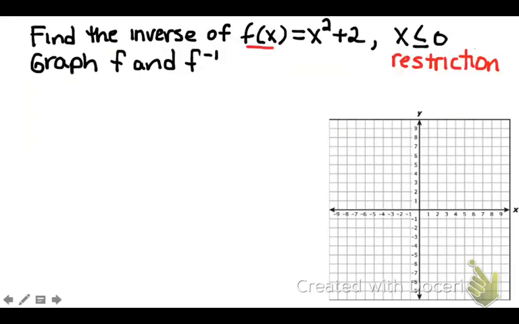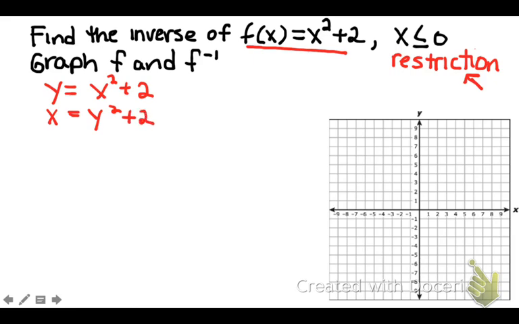Here we are asked to graph the function and its inverse given this restriction. X is less than or equal to 0. So that's going to tell us how to proceed with the problem. So we know we have to start with y equals x squared plus 2. We are going to switch the x and y values. So x equals y squared plus 2.